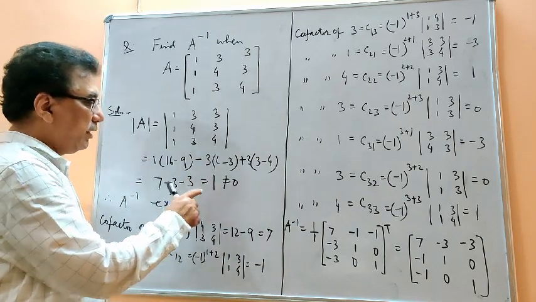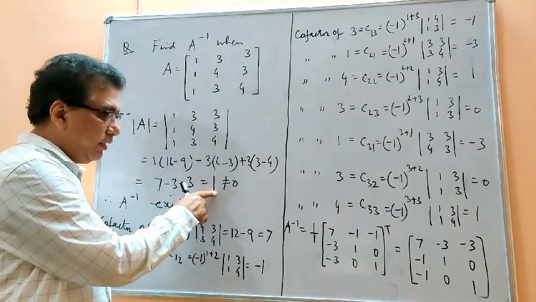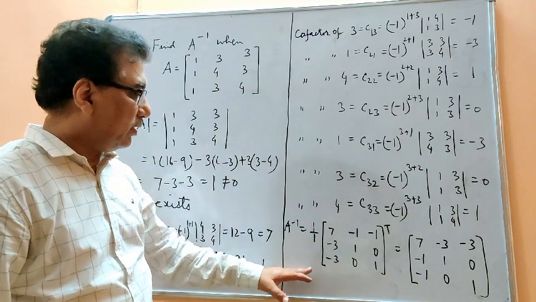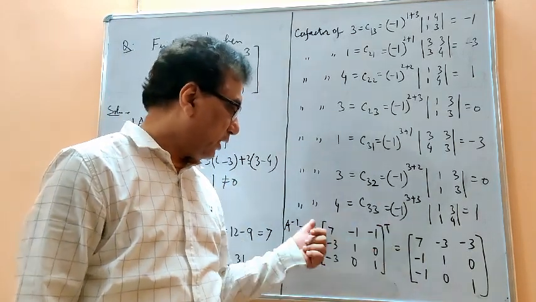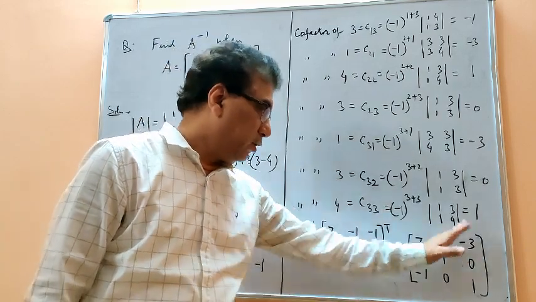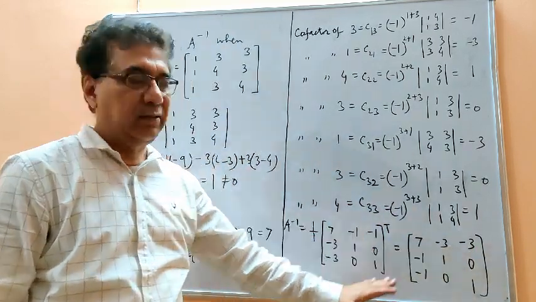The value of the determinant is 1, so 1 by determinant A is 1 by 1, and this is the remaining part. After taking the transpose, 1 by 1 should be written as 1. So this is your answer, A inverse.